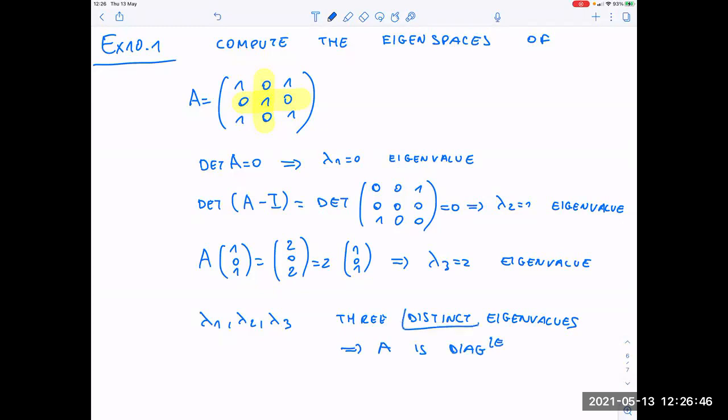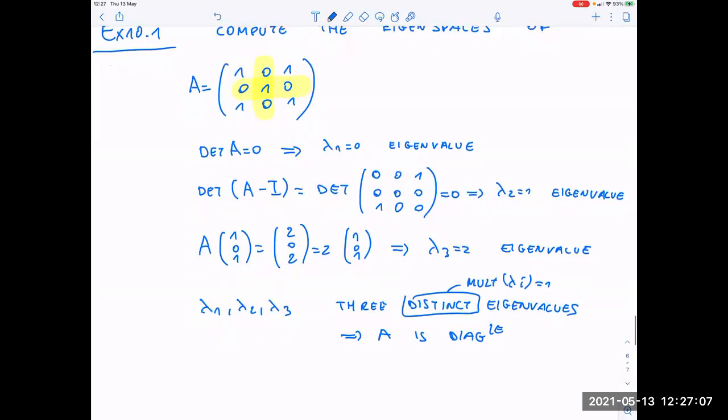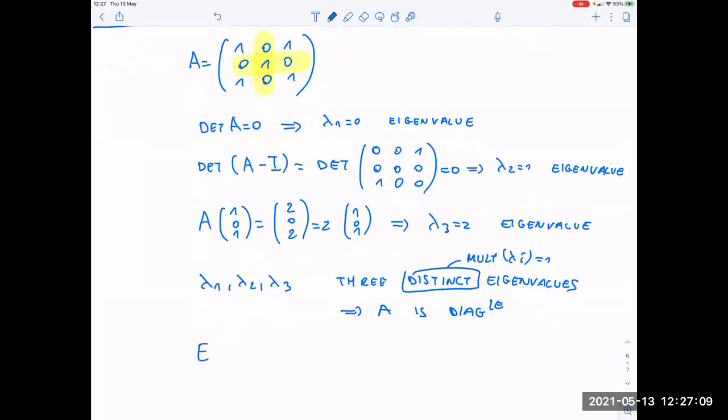Because since they are distinct, it means that the multiplicity of each lambda i is equal to 1. And so the criterion we saw yesterday is trivially satisfied. This is just a side remark that we make. Now we need to go and compute the eigenspaces. So for example, E0 is just the kernel of A.